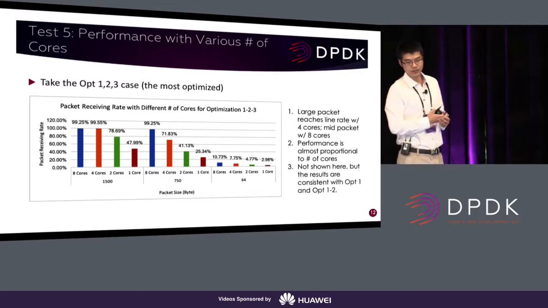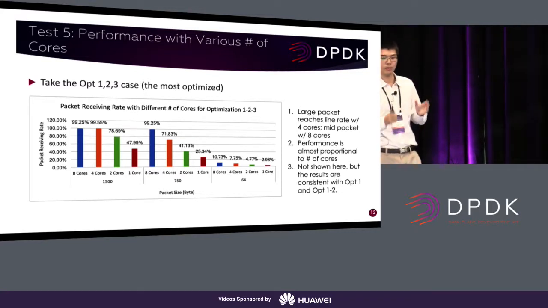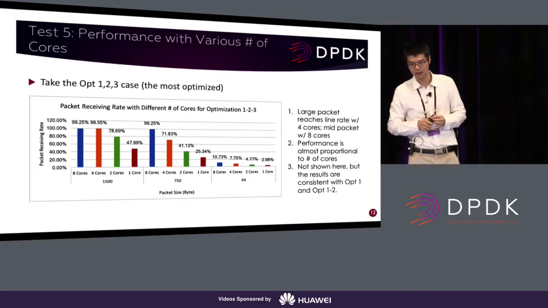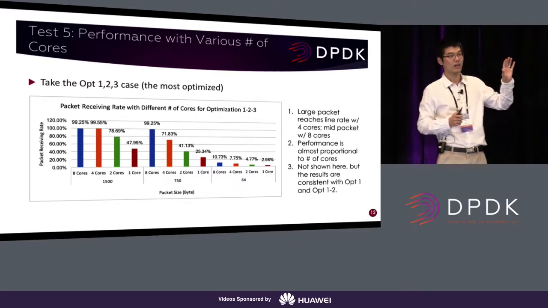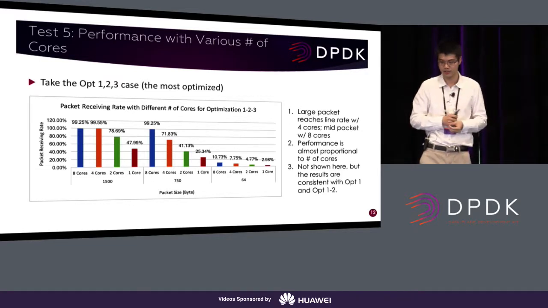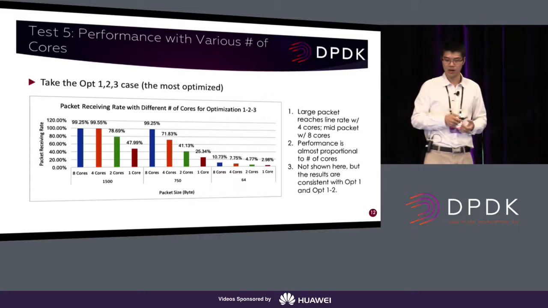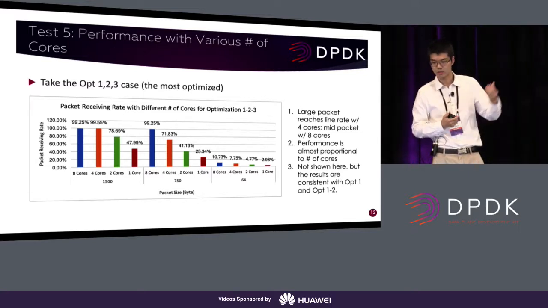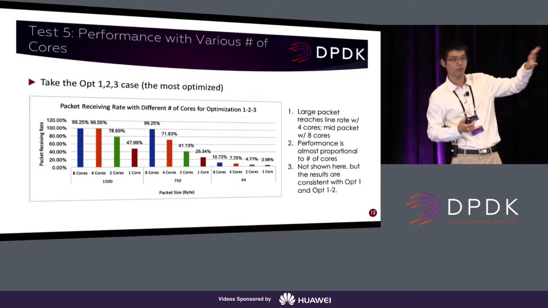The fifth test is about the performance with various numbers of cores. In this case, we take the optimization 1, 2, 3 case because it's the most optimized version. So for large packets in the first group, you can see we can reach the line rate with 4 cores.